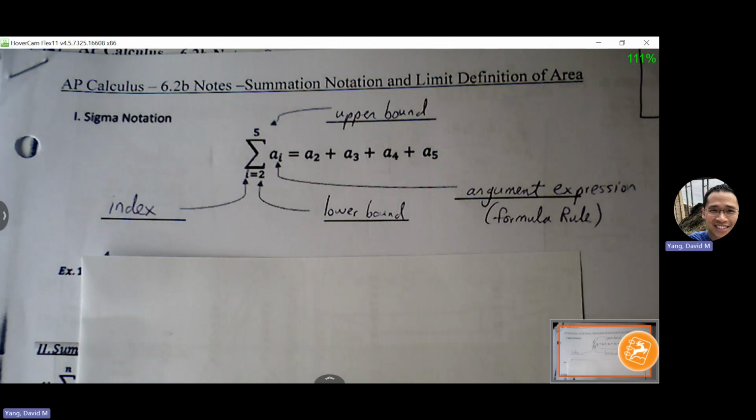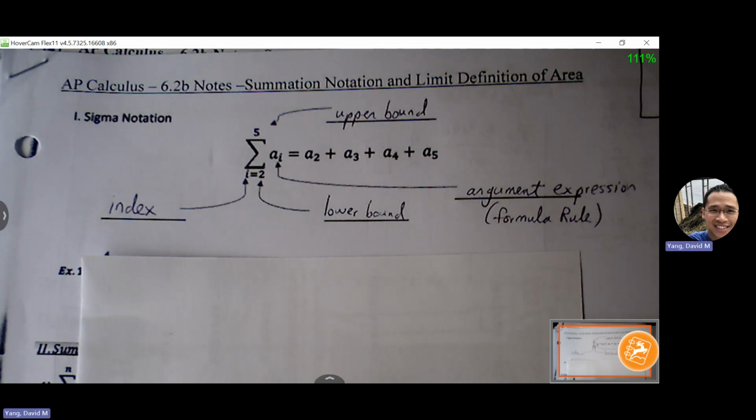Basically, sigma notation allows us to represent an expression that we want to add up a bunch of terms together. So my index is the variable that is going to change within my argument expression. Lower bound is the value that I'm going to insert into the variable.